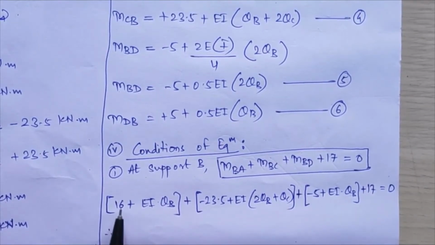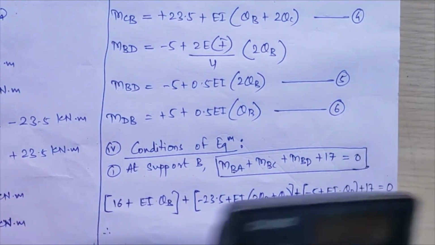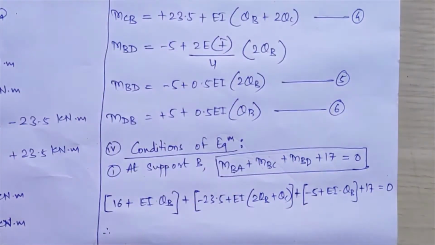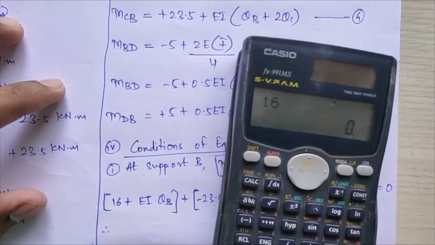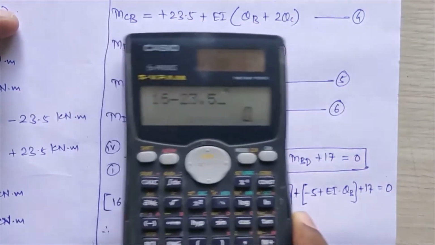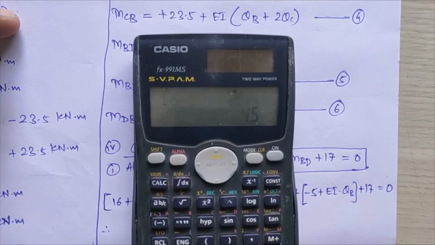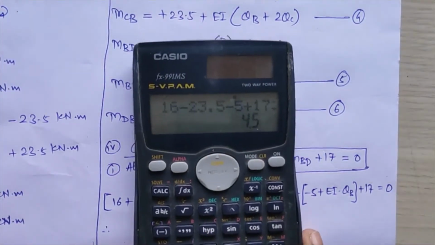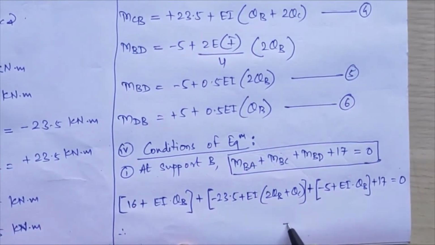First the constant terms: plus 16 minus 23.5 minus 5 plus 17. So this I am getting as 4.5. If that goes on the RHS, it comes equal to minus 4.5.